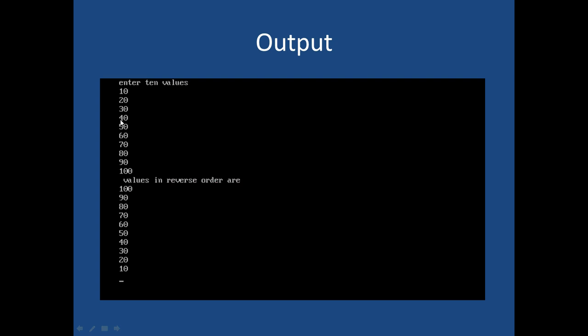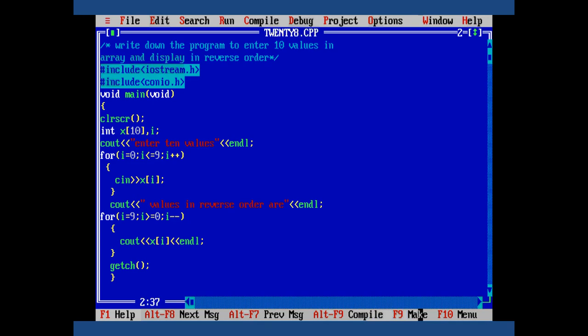While entering we go from x of 0 to x of 9, and when displaying we go from x of 9 to x of 0. We enter the values from 0 to 9 and display them from 9 to 0 of the subscript.